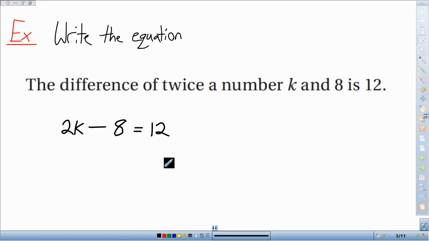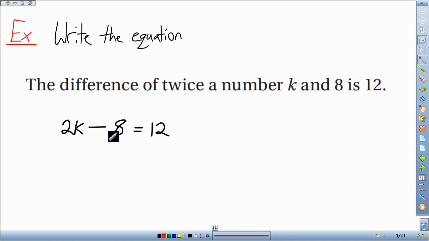Really this just told us to write the equation. It didn't say write the equation and then solve the equation, but let's solve it anyway. It's really simple. I just want to remind you of a few principles when it comes to solving. When we go to solve for a variable, there is our variable, k. Our goal is to get k by itself and get everything that isn't k to the other side of the equal sign.